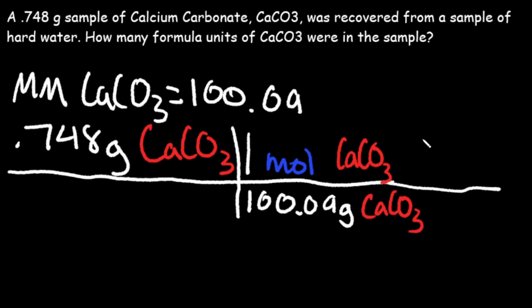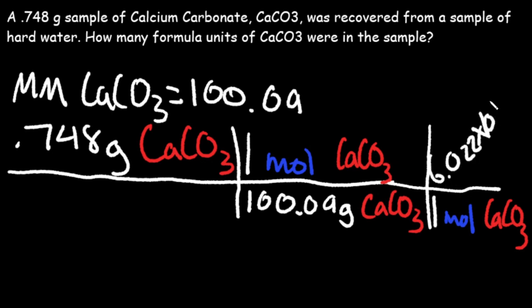And our next step is to convert moles to formula units. Formula units is just the ionic term for molecules. So 1 mole of calcium carbonate is equal to 6.022 times 10 to the 23rd formula units of calcium carbonate.